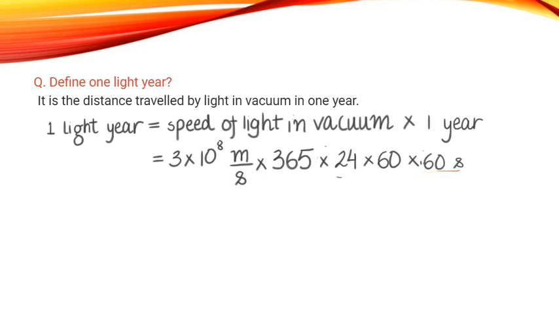Now we have brought this into the same system of units, and now you can do the calculation. You can use your calculator, and the value you'll get is 9.467 times 10 to the power 15 meters. So this much distance is traveled by light in 1 year. So this is a very big quantity. Can you see?